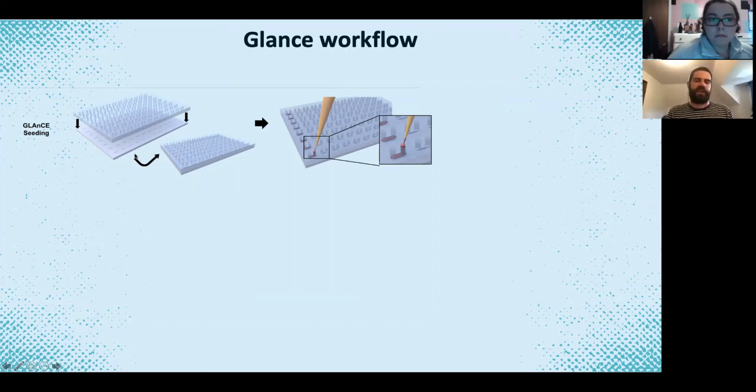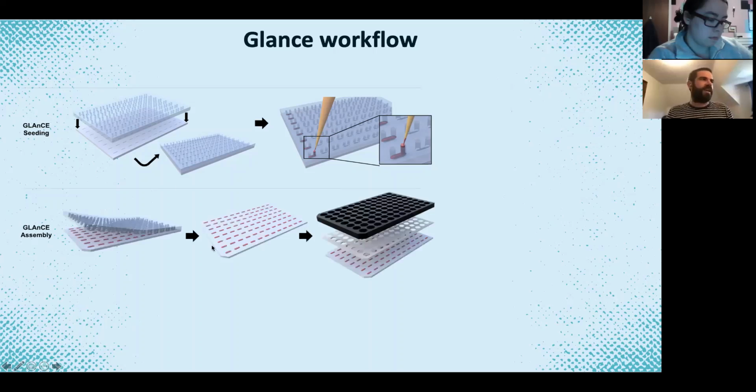You use a plastic that you hot emboss, so you make this tiny channel, and after you add a slab of another type of really specific plastic. You seed the cells in a gel, the cells go into the channel, and after you glue that under a well plate, you end up with a GLANCE, which is the name of the model, and you can image that over time.